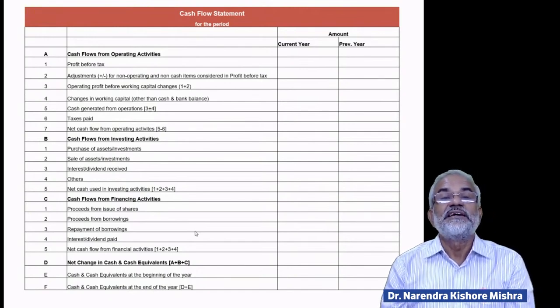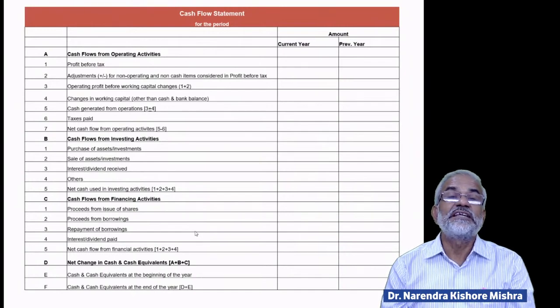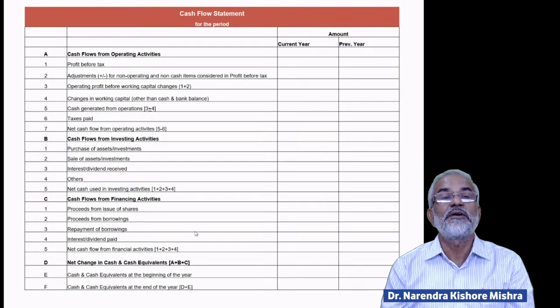Then adjustment as regards non-operating and non-cash items considered in profit before tax. That has to be taken into consideration. Either it is to be adjusted in a positive manner or in a negative manner. Then operating profit before changes in working capital. That means 1 plus 2 would be the operating profit. When the first and second items get adjusted, that gives rise to the operating profit.